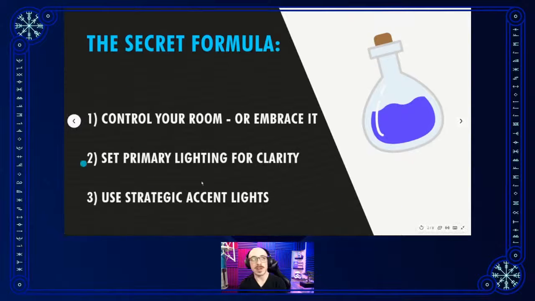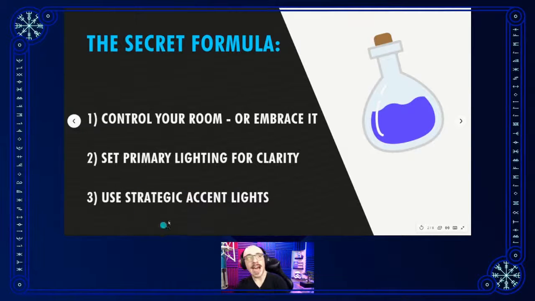That's the first piece we're going to go over, is understanding your environment, then understanding primary lighting. This is the primary lighting here that gives me full clarity. That's the only job of primary lighting, is to give the subject clarity. We'll be going over easy ways to do that. And then the last piece, accent lights.